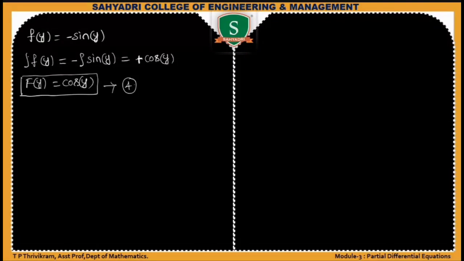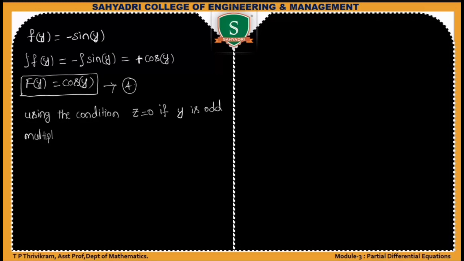Now, using the condition, one more condition he has given: z value will be 0 if y is an odd multiple of pi by 2.